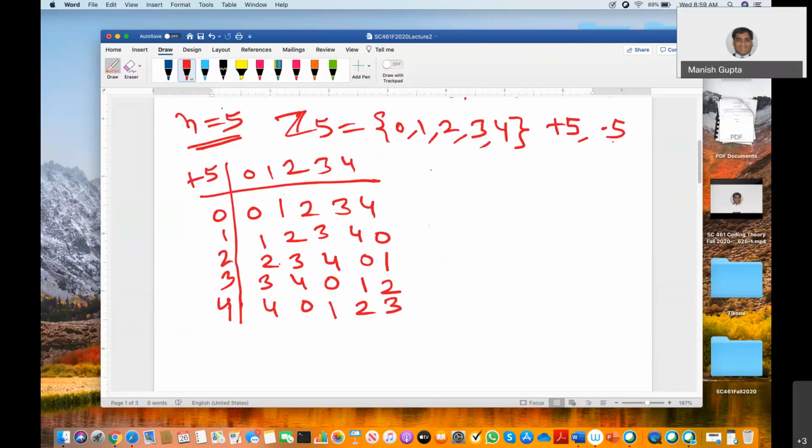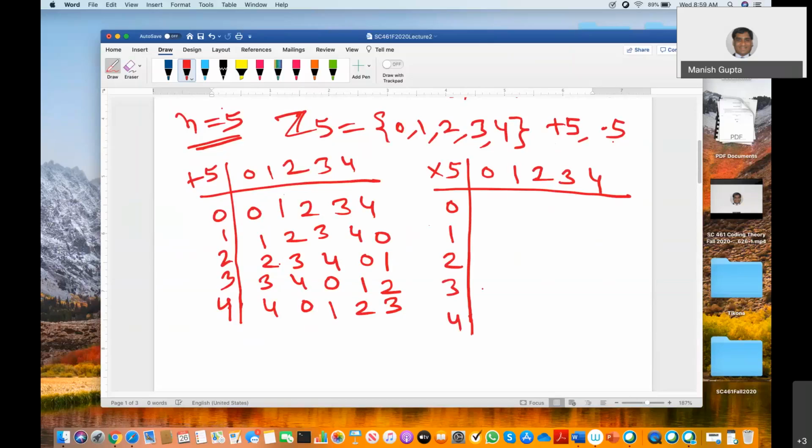We can make a similar table for multiplication. 0, 1, 2, 3, 4. So 0, 0, 0, 0, 0, 1, 2, 3, 4. 0, 2, 4. 2 into 3 is 6, modulo 5, which is 1.